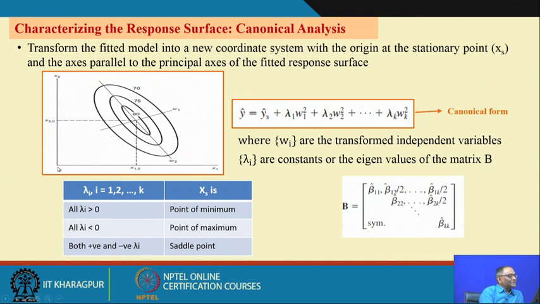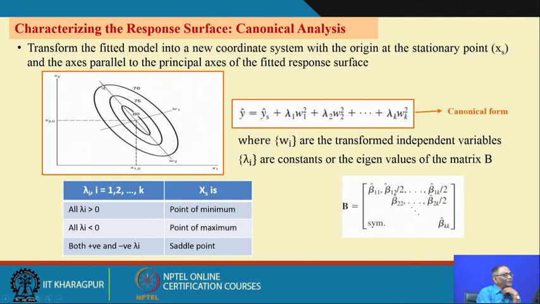We want to first shift the 0 point to the center of the ellipse, and second, transform the x1 and x2 along that principal axis of the ellipse.